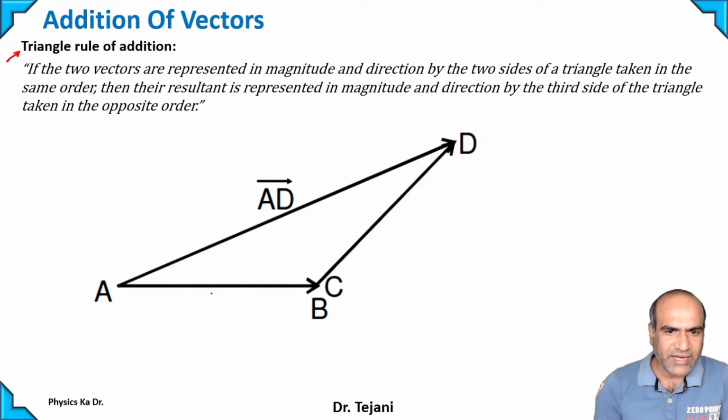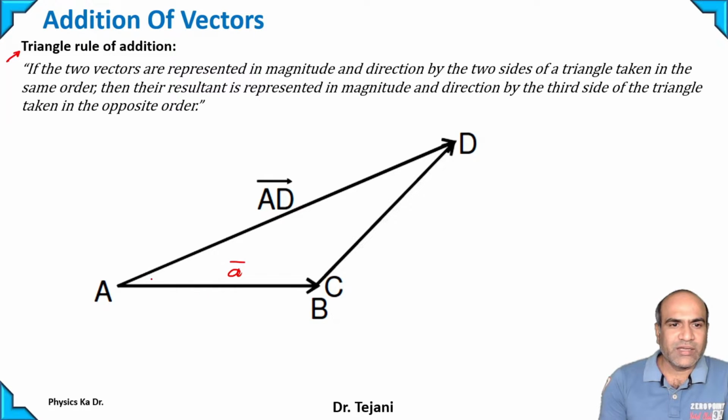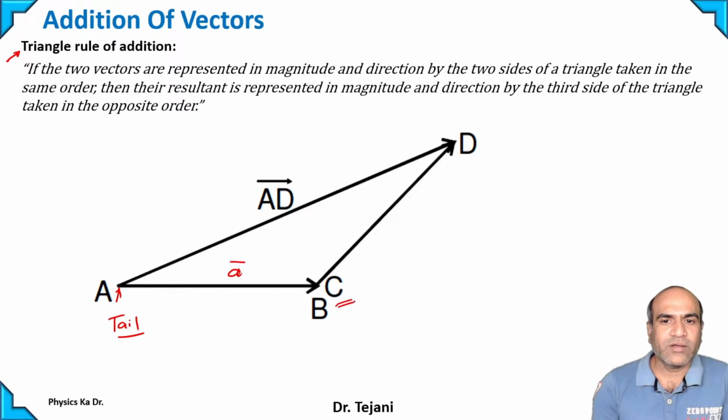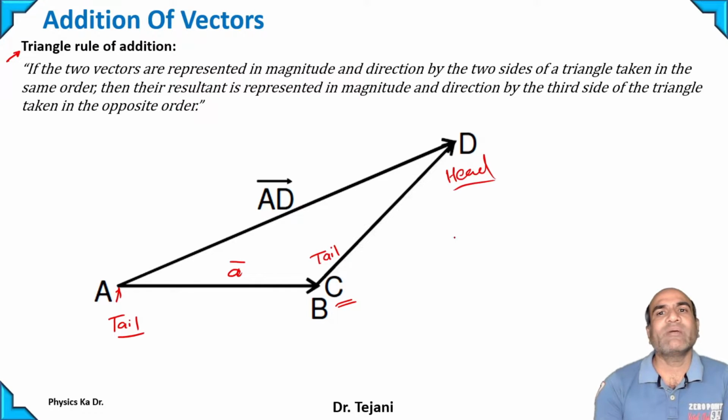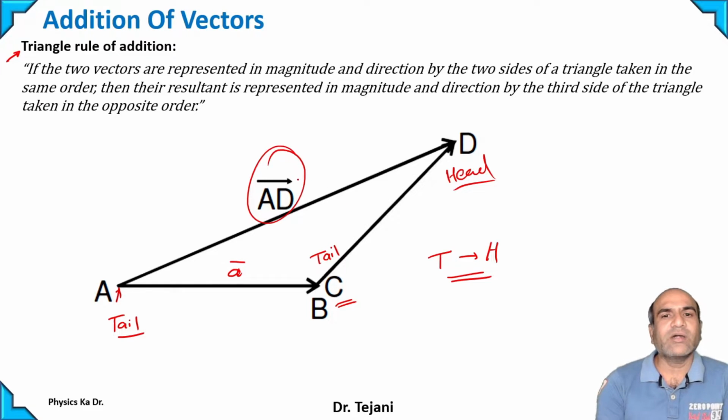So what it mentions is, this is vector A, say for example, starting from the tail and going to meet another vector in terms of tail and head. That means same order: first tail, then head. Order is same, right? So the third vector gives its resultant, and its order should be opposite.